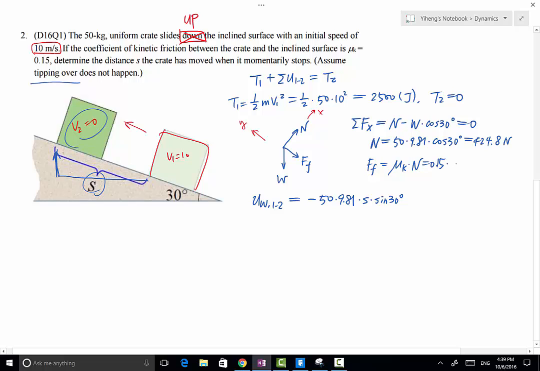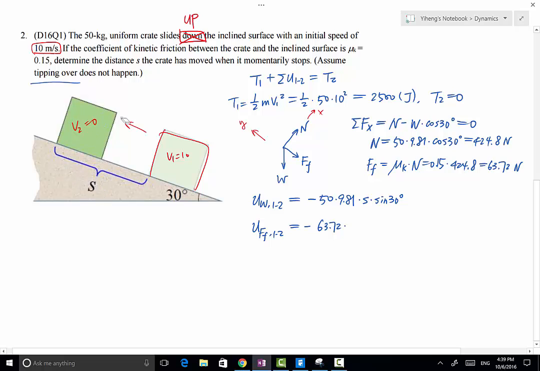And because we have kinetic friction, the friction equals kinetic coefficient times normal force, which is 0.515 times the normal force, and that equals 63.72 Newton. So the work done by the frictional force is also negative, and that equals the magnitude of the frictional force multiplied by the displacement.